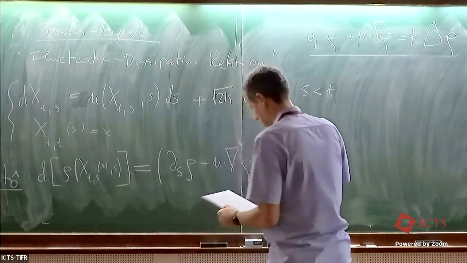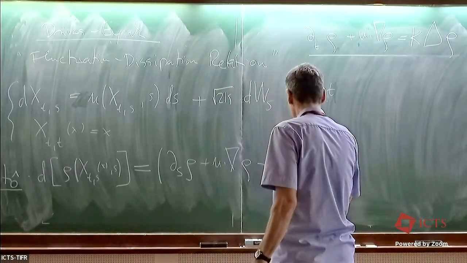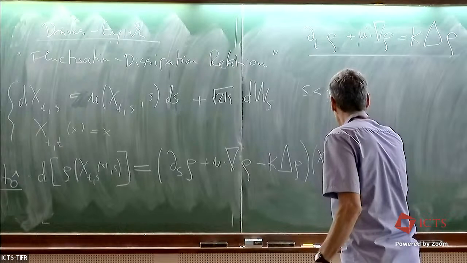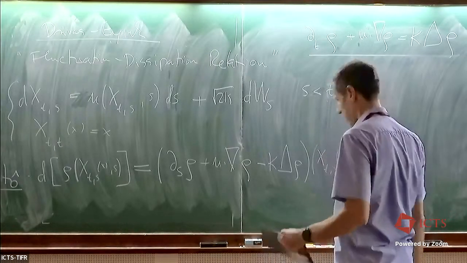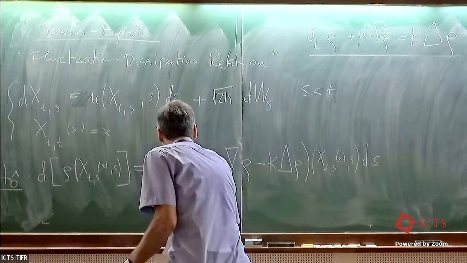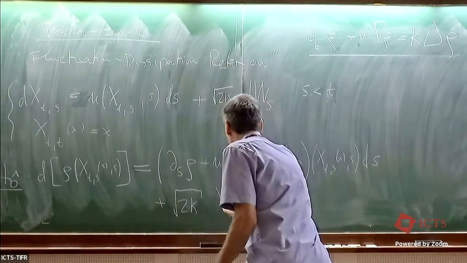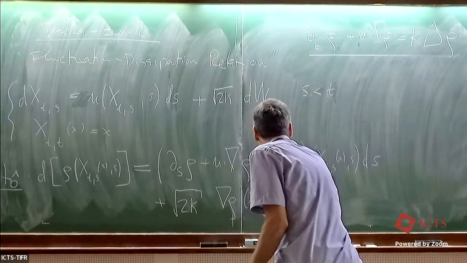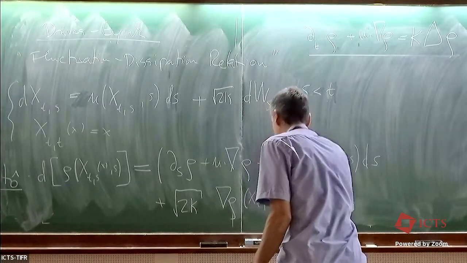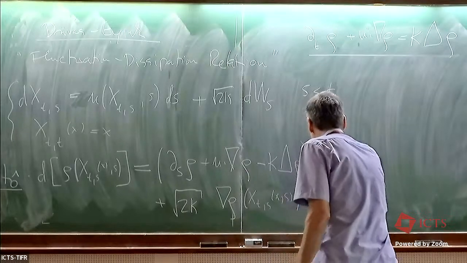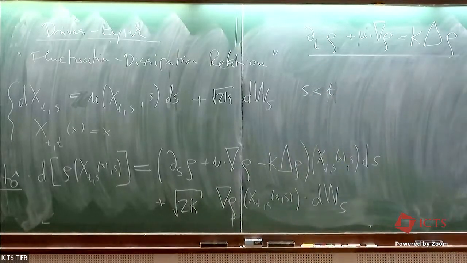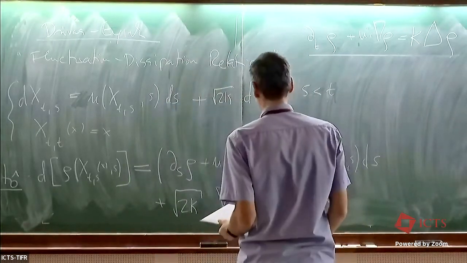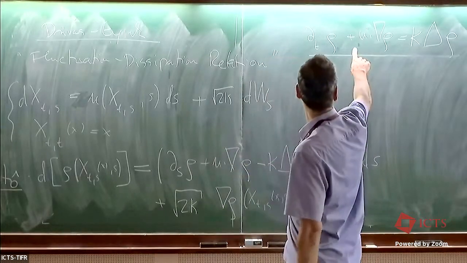You have the standard terms coming from the differentiation composition rule, this time at this point, ds, and then you have the term with dW_s, right? Okay. And if I'm looking at the solution, this is 0.